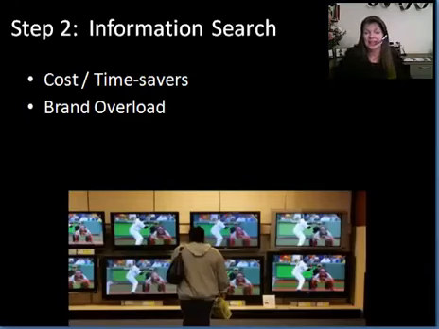Step 2 in our model of cognitive decision making is information search. So after the problem is acknowledged, people tend to go on an information search. This involves considering things like the costs involved. And you might think of costs involved as being the price sticker, but it's more than that, right? You have to invest more to get that product.